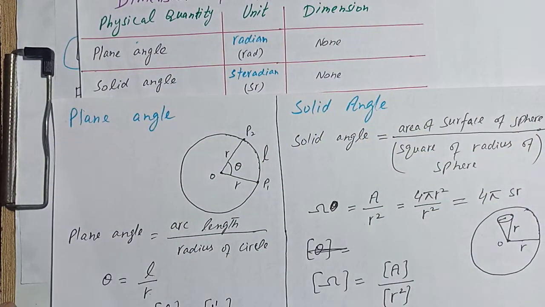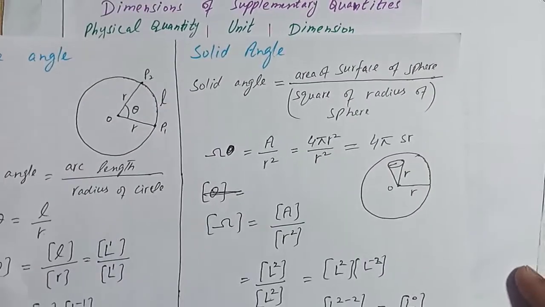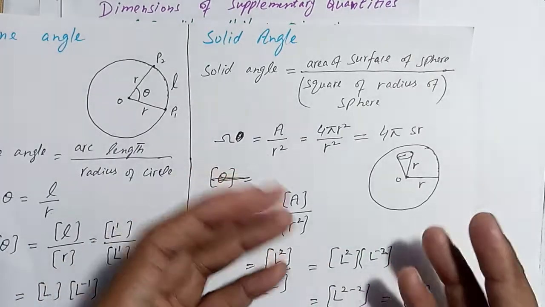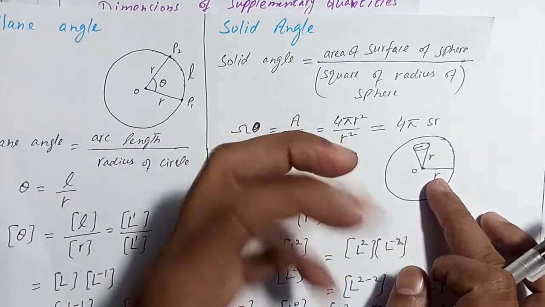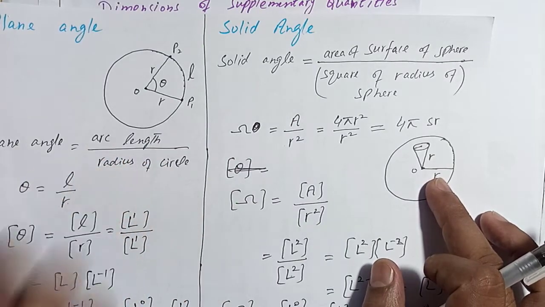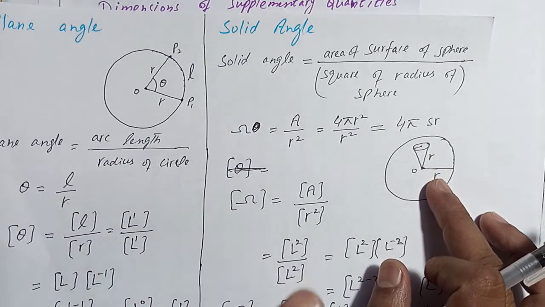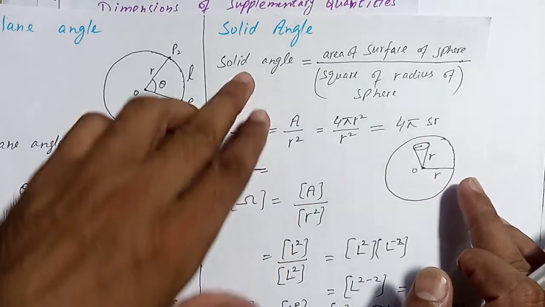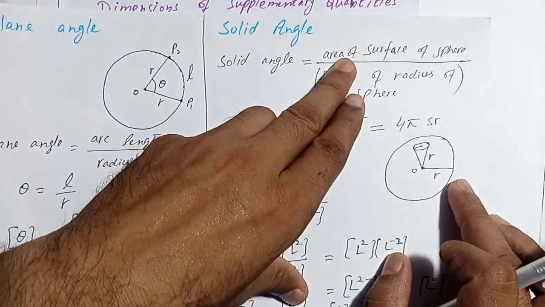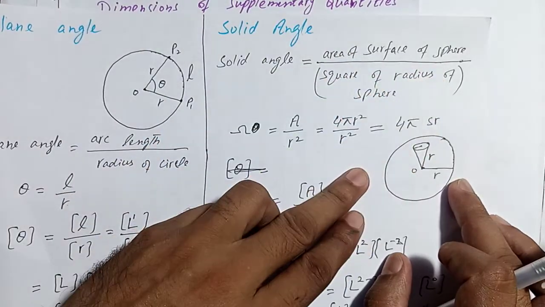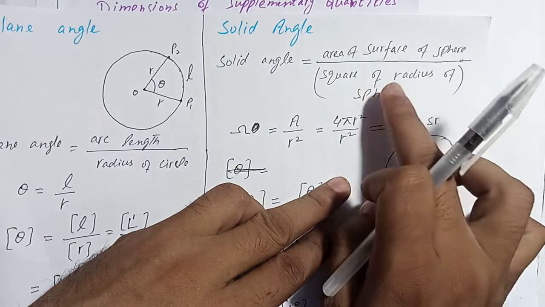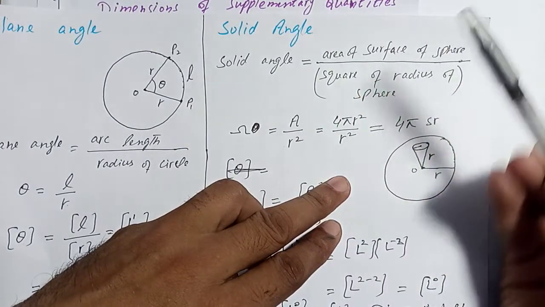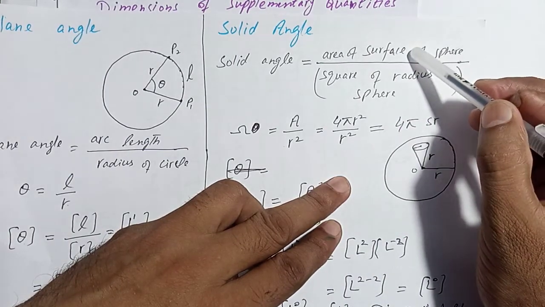Now we talk about the solid angle. Solid angle is a three-dimensional angle which is subtended at the center of a sphere. A sphere is a three-dimensional geometrical object. So solid angle is the angle subtended at the center of a sphere, and it is defined as the area of the surface of the sphere divided by the square of the radius of the sphere.